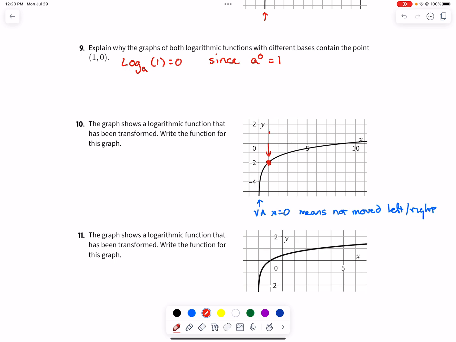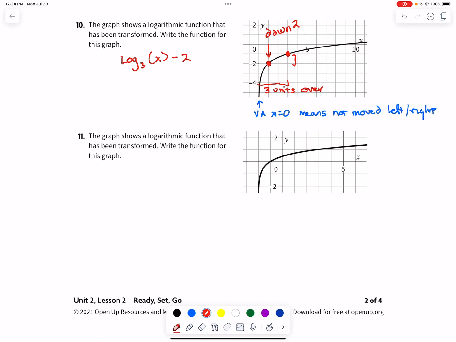And then we look for the point that is 1 unit up from that, and it is 3 units over from the vertical asymptote, so we are ready to go. It's log base 3 of x. Again, let me write that little note, and then minus 2 because it's down 2.